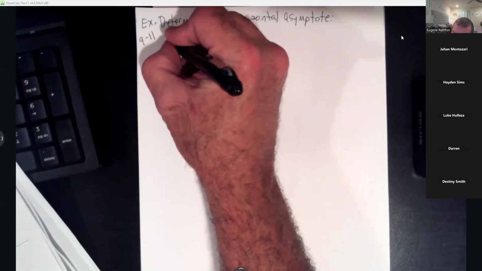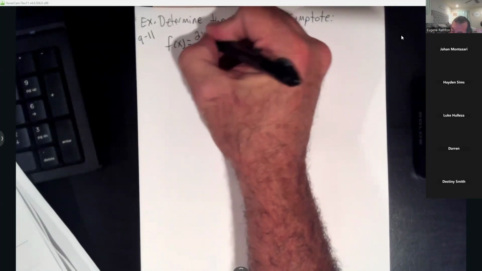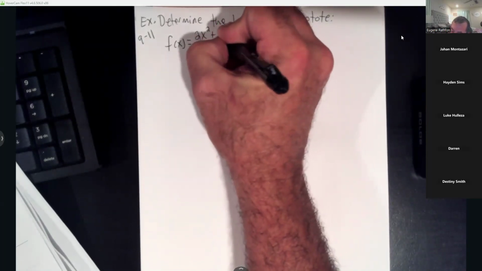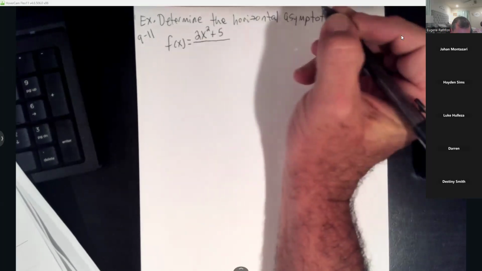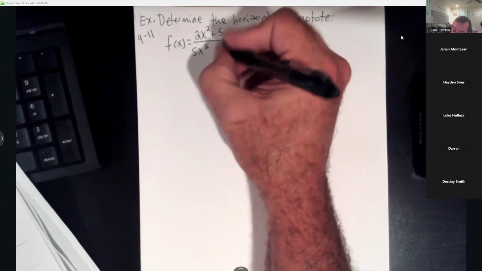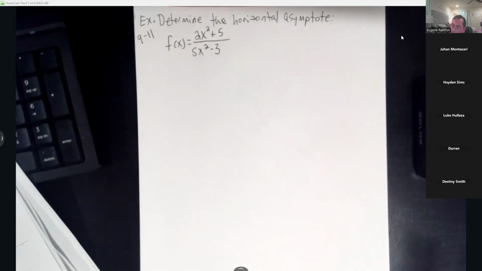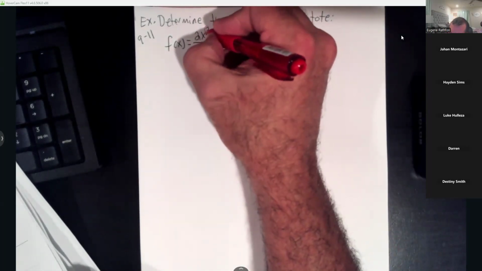So y'all, my first one, f of x equals 2x squared plus 5 over 5x squared minus 3. All right, y'all, so I'm just looking at these exponents.